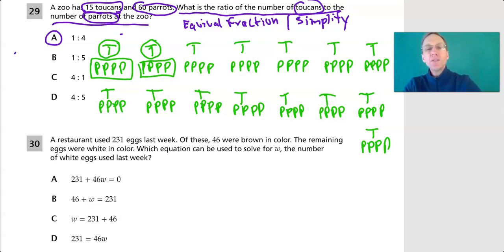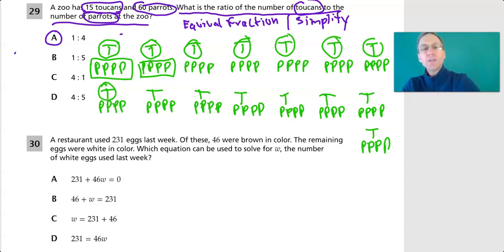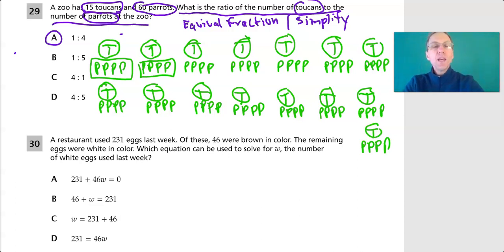And I have 1, 2, 3, 4, 5, 6, 7, 8, 9, 10, 11, 12, 13, 14, 15 toucans, and if I count all my parrots, for every one toucan, there are 4 parrots. So that means I have 15, and I could think of it as 15 copies of 4.